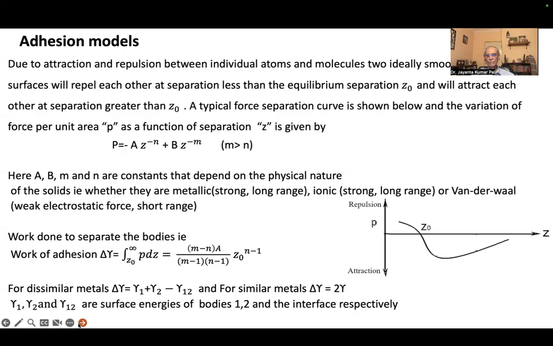A typical separation curve is shown here, and we can write the force per unit area in a very typical form as P is equal to minus A Z to the power minus N plus B Z to the power minus M, where M is greater than N. And here A, B, M, and N are constants, depending on the physical nature of the solids, that is, whether they are ionic, metallic, or van der Waals.